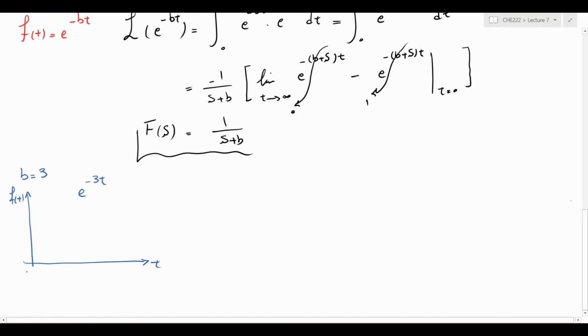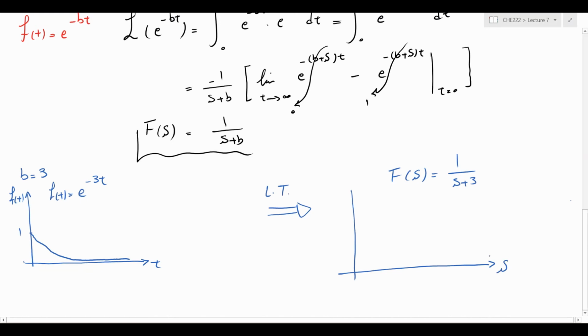At t equals 0, this will be 1, and it very quickly approaches 0 as t approaches infinity. On the other hand, the Laplace transform of f(t) will be F(s), which is equal to 1 over (s plus 3).